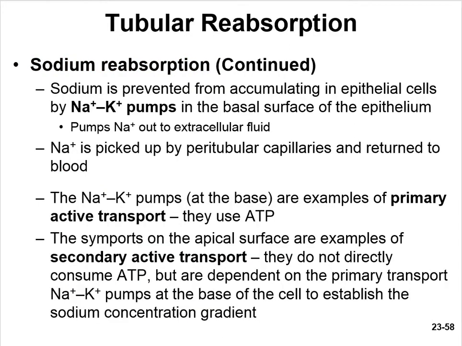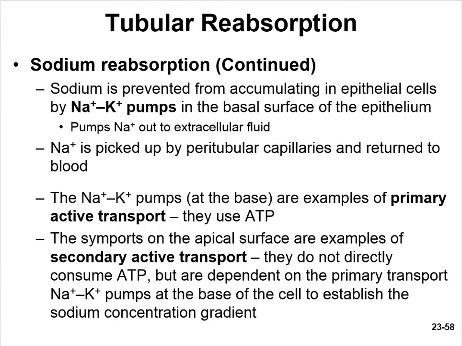So again, it's this important sodium pump. That's important because if we pump sodium back into the blood, water will follow. And vice versa, if we pump sodium into the tubule, water will follow that way. Sodium is picked up by the peritubular capillaries and returned to the blood.